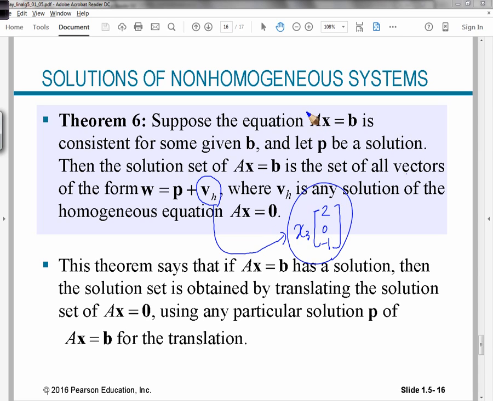And then in order to completely obtain the solution, we can simply add this to a particular solution that someone gave us already, okay? So this will be our final solution, just like this.